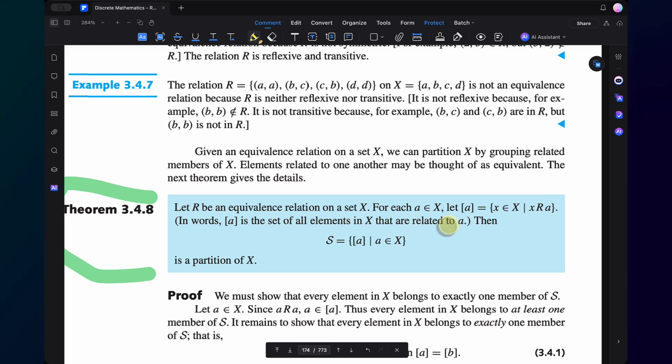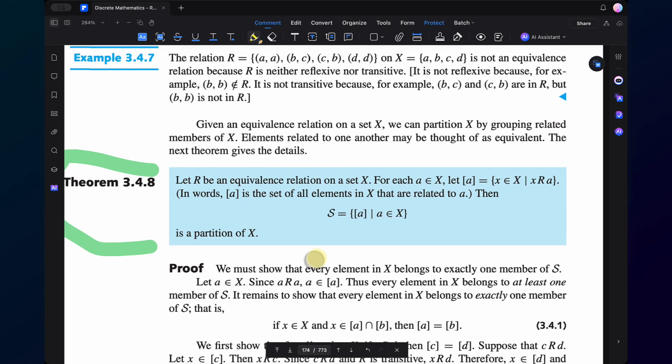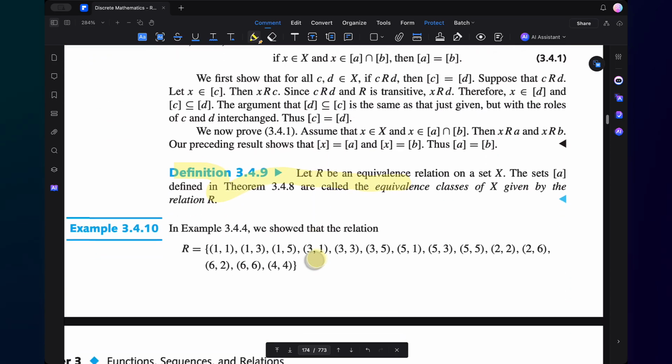Then script S, which is equal to the set of all such bracketed things [a], where a is in X, is a partition of X. So partitions of X and equivalence relations really are the same thing. I'll let you go through the proof.